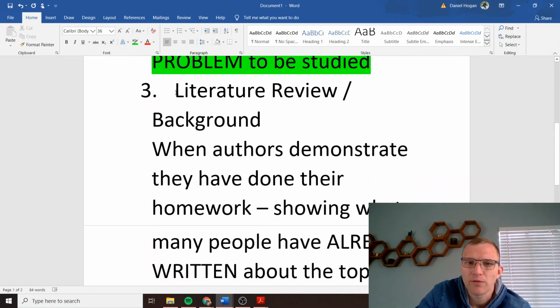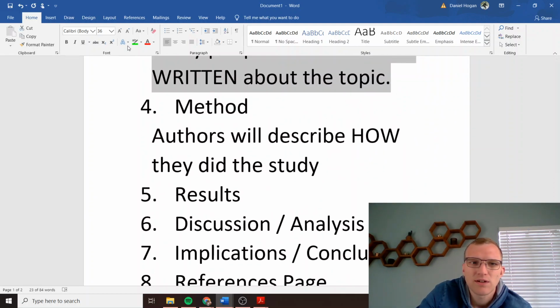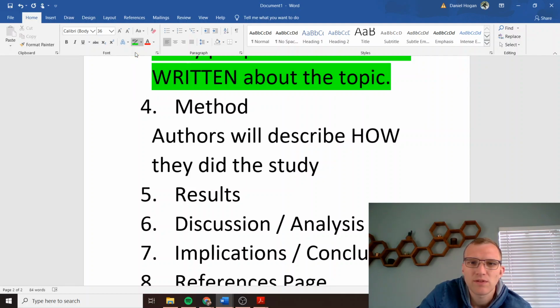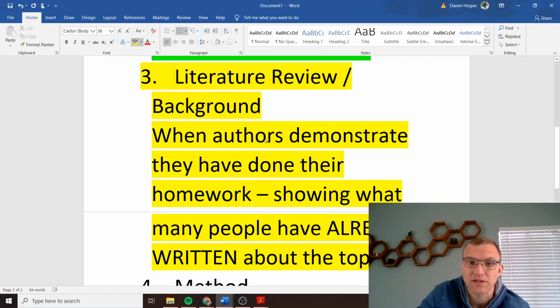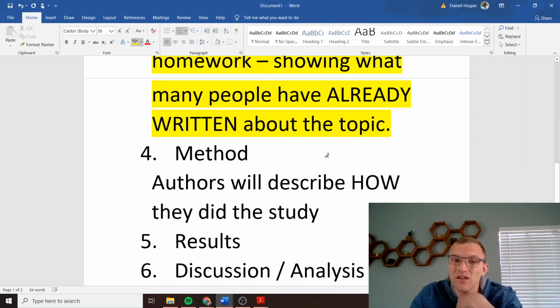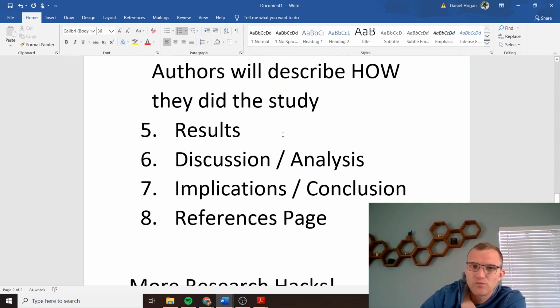Literature review and background, I'm going to highlight in yellow because I don't think it's actually that important for you to read all the time. Sometimes it's important. Method, unless this source is really, really important, you can often skip this.